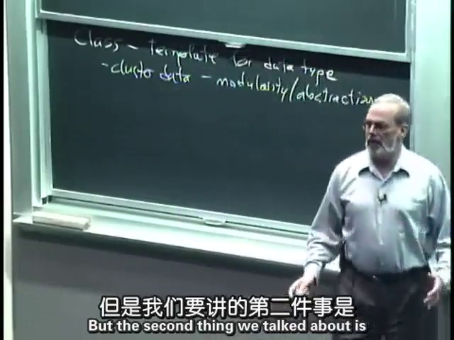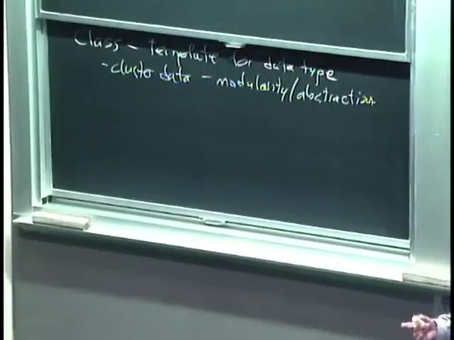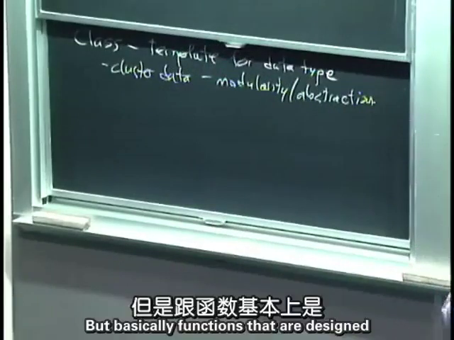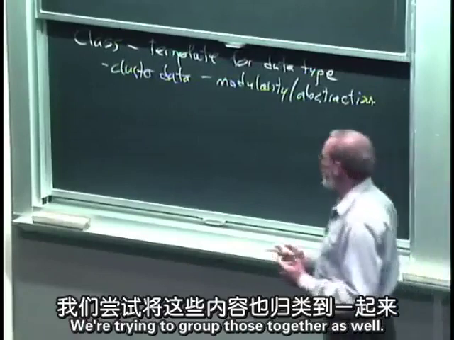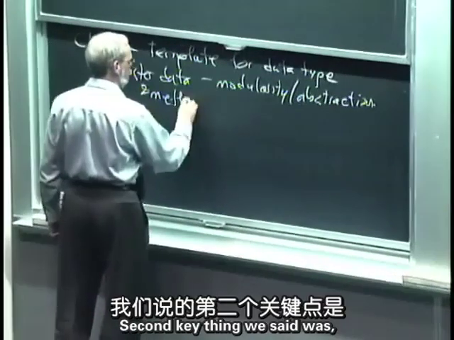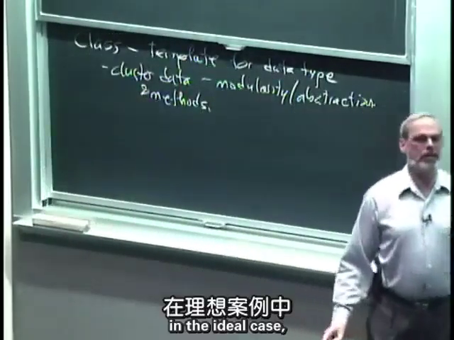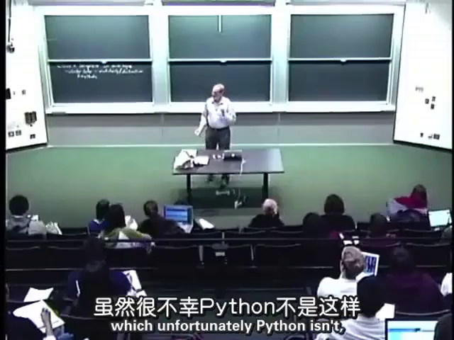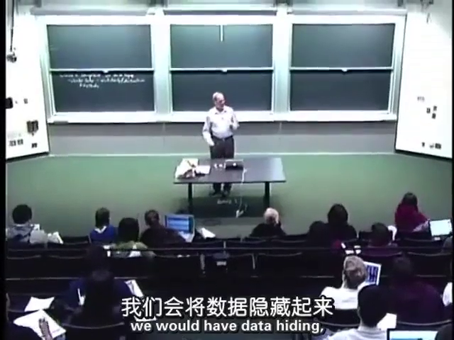But the second thing we talked about is that we also have a set of methods. We're using this special name method because we're talking about classes, but basically functions that are designed to deal with this data structure. And we're trying to group those together as well. So we cluster data and methods. Second key thing we said was, in the ideal case, which unfortunately Python isn't, but I'll come back to that. In the ideal case, we would have data hiding.